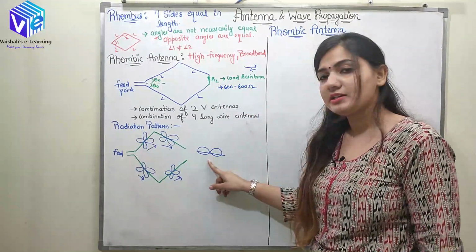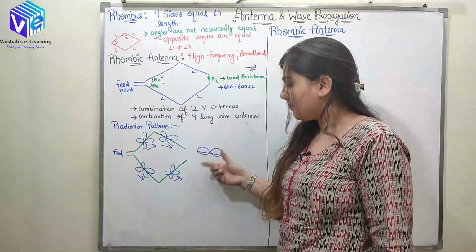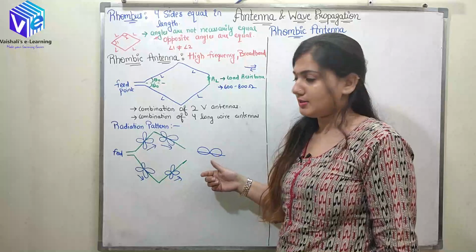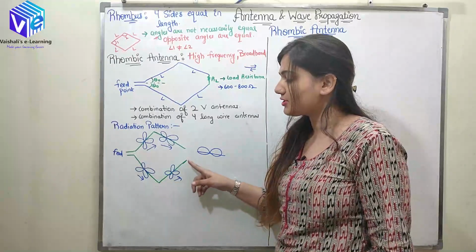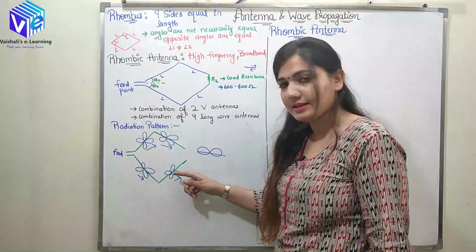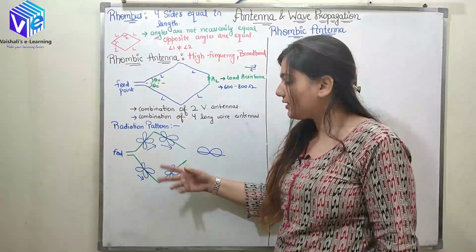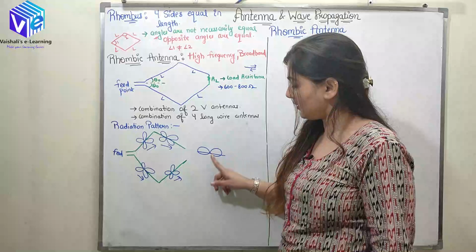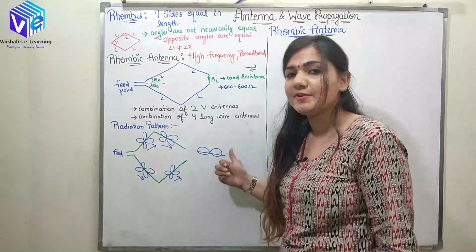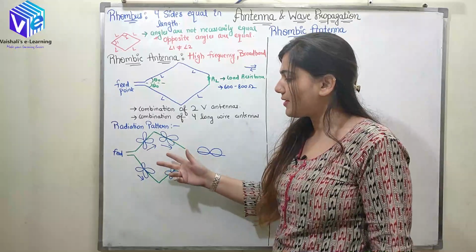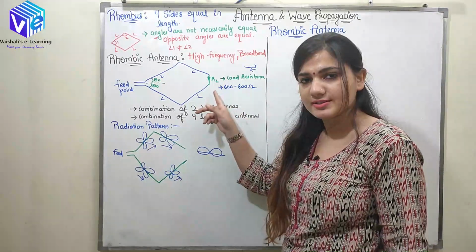The radiation pattern is bidirectional in nature, but not perfectly bidirectional. Why? Because there are various losses occurring in the long wire antennas. The coupling and the losses all combine, and the radiation pattern is not perfectly bidirectional. Therefore, we cannot use the rhombic antenna without the load resistance.